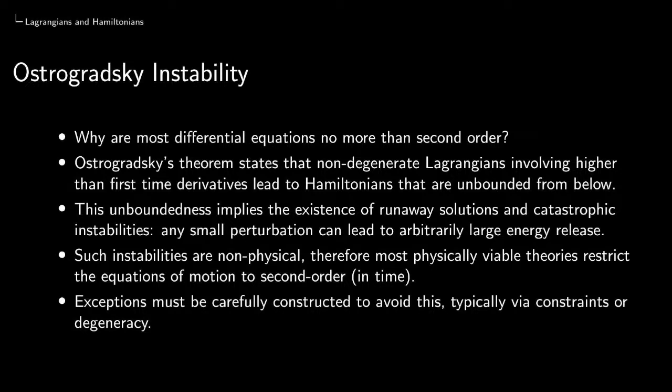And if you have an unbounded state, you can have runaway solutions, very unstable runaway solutions. You have all this potential energy getting released. You can have just unbounded energy release, and that's not good, right? That sort of system is not physical. And therefore, in order for a physical system to be realistic, you can't have arbitrary energy release.